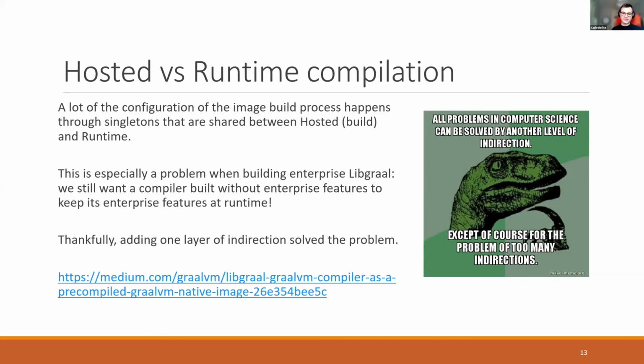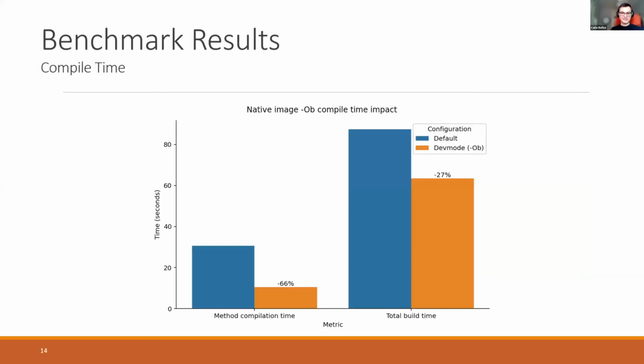Okay, so with this, I'm sure you all wanted to see some numbers. And so here they are. In this and the following slides, I'll show quickly some benchmark results that I obtained with the DaCapo and the Scala DaCapo benchmarks in particular. And here we have a comparison of the compilation time with the default and the new OB flag.